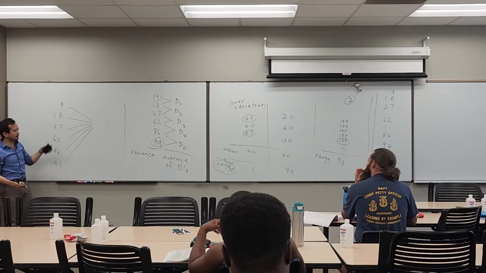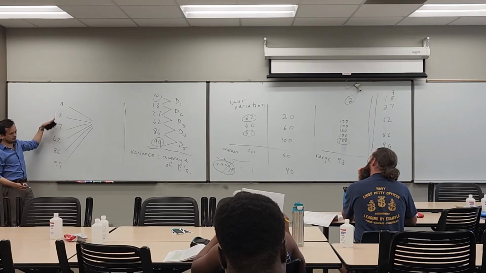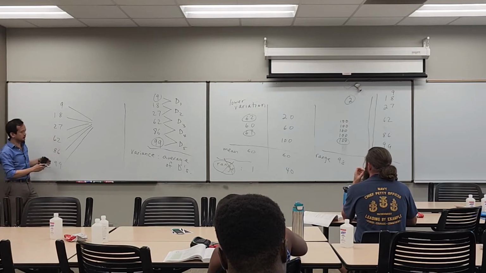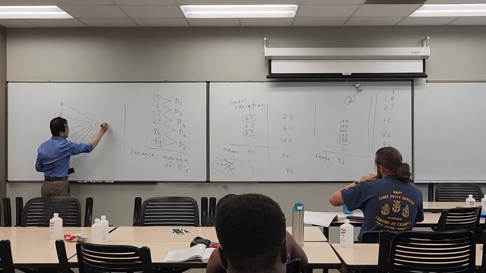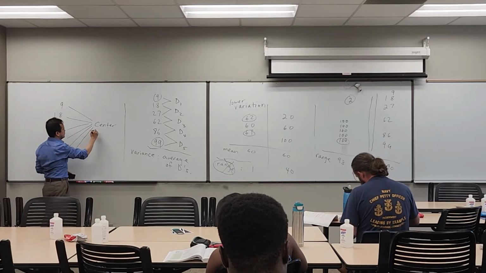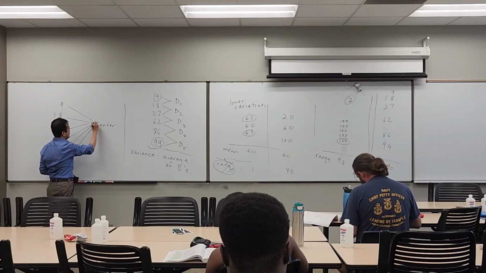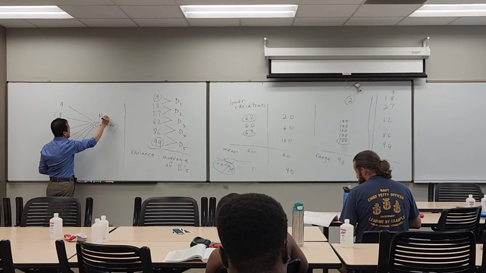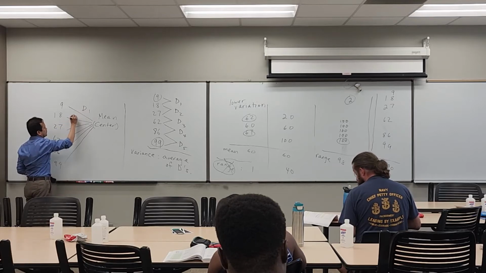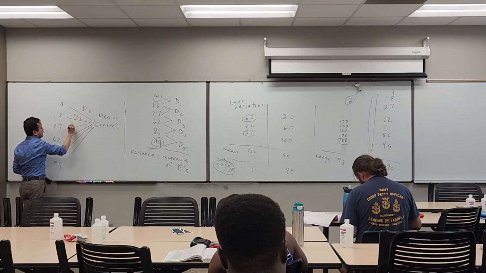Yeah, the mean, the average of the numbers. So the current center of all the numbers, which doesn't change no matter what the order of the numbers are. The center or the mean. And those will be the distances between each of our numbers.